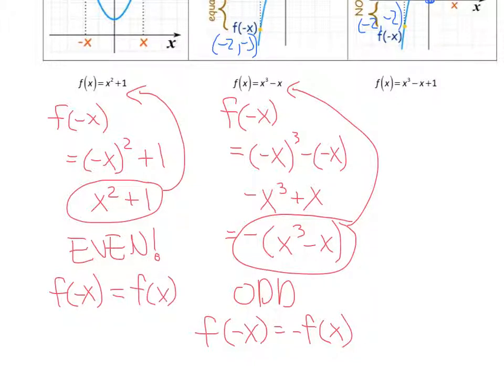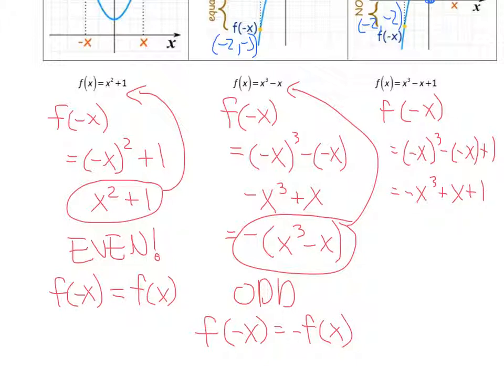Okay, now let's take a look at this last one. Same test, plug in negative x. We get negative x to the third minus negative x plus 1. And that's negative x to the third plus x plus 1.